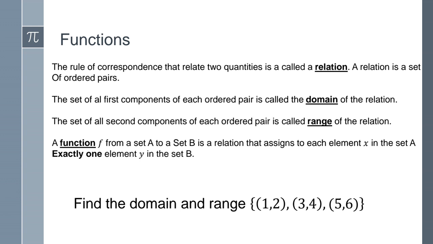Keep in mind the definition of a function: my x value cannot have two different y values. The 1 only corresponds to the 2, the 3 only corresponds to the 4, and the 5 only corresponds to the 6. The 1 cannot have multiple values of y, same with the 3 or the 5.